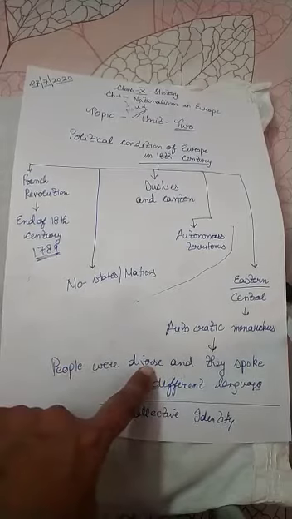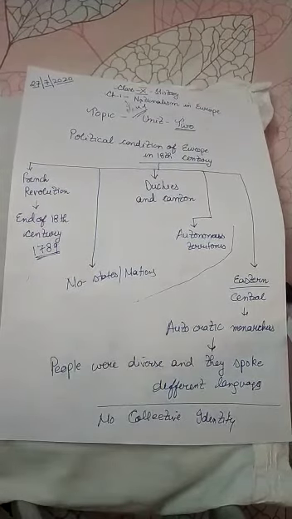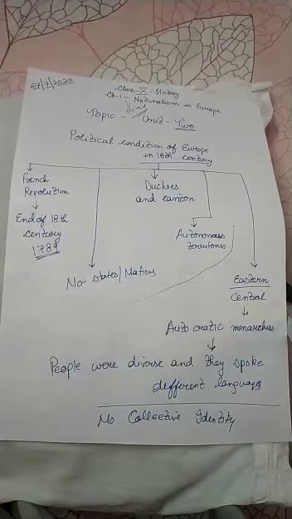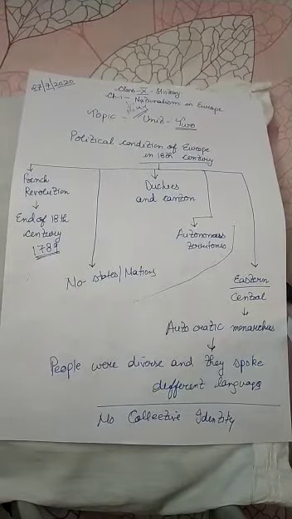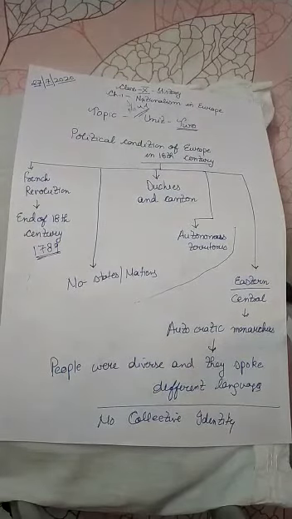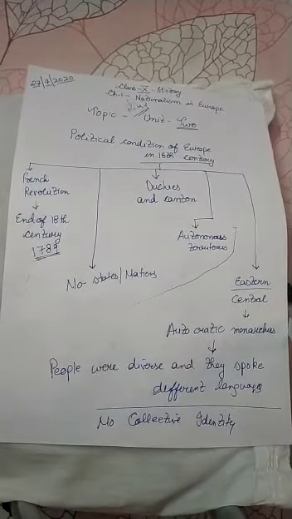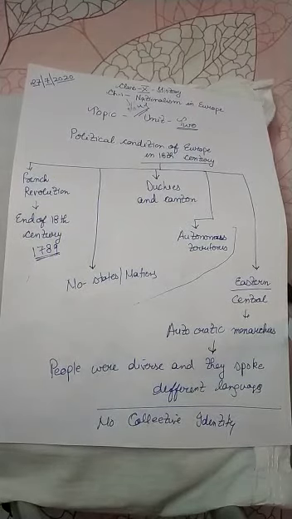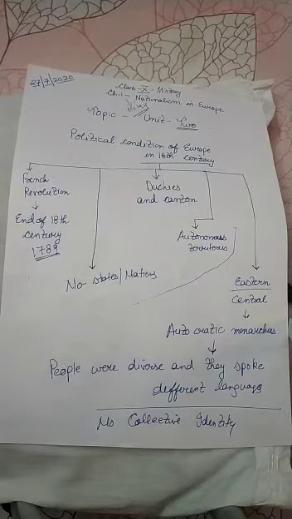People were diverse. They spoke different languages. They followed different cultures and traditions. There was no sense of collective identity at that time. They all were different. The only common thing among themselves was that they had a common emperor, and that too autocratic.